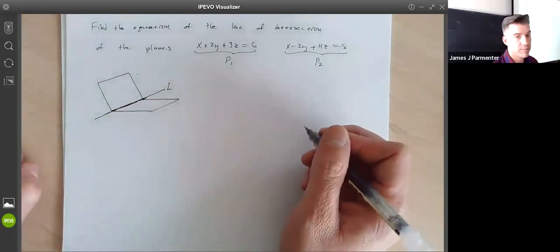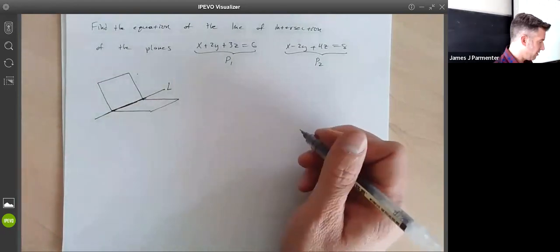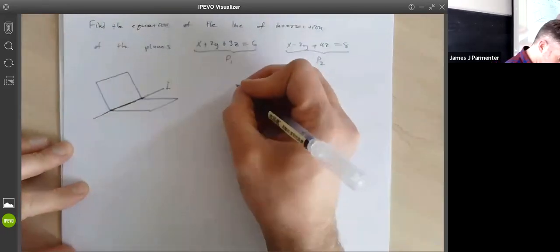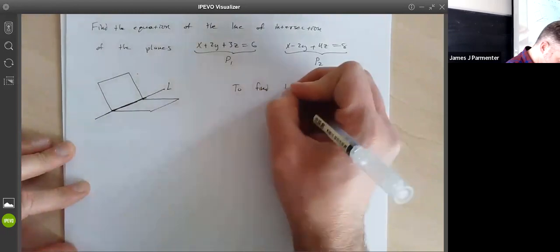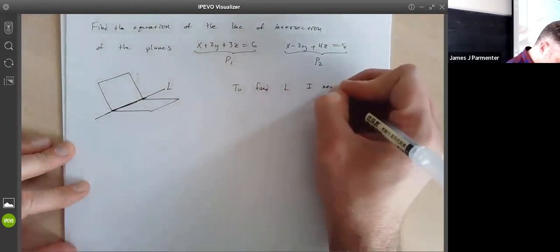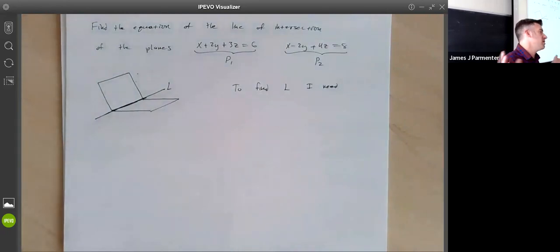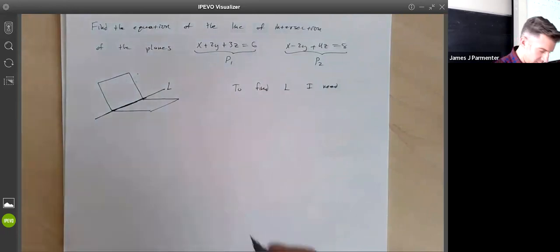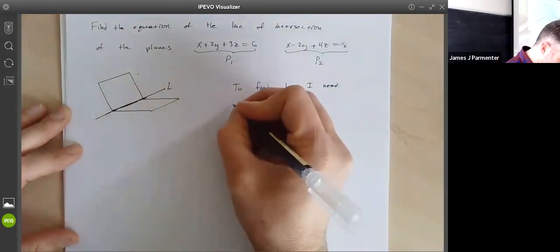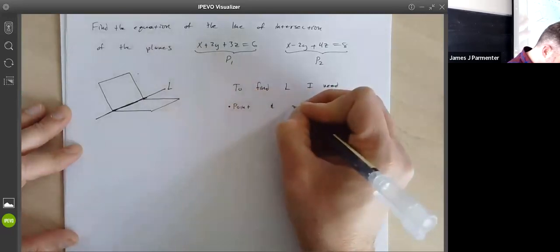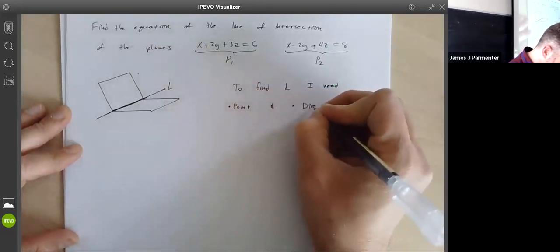To find the line, I need two things, just like in 2 dimensions, where I need a point and a slope. In 3 dimensions, I need a point and a direction instead of slope. Direction is the analog for slope here. So I need 1, a point, and 2, a direction vector.